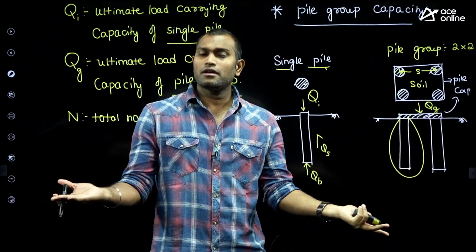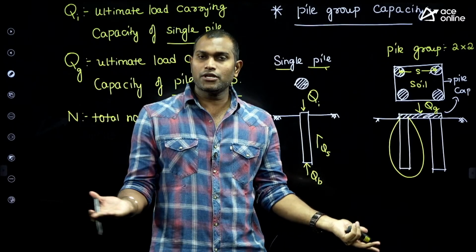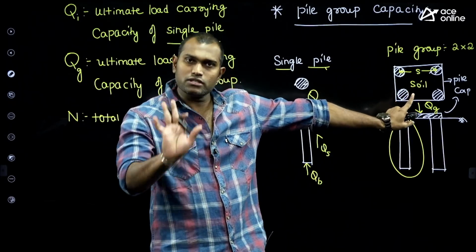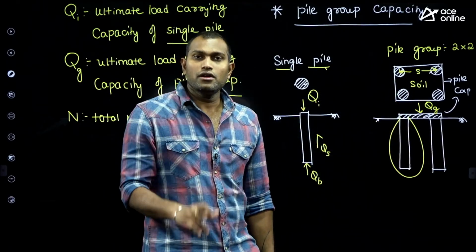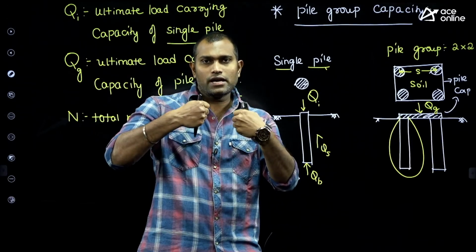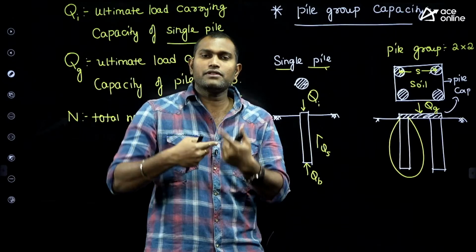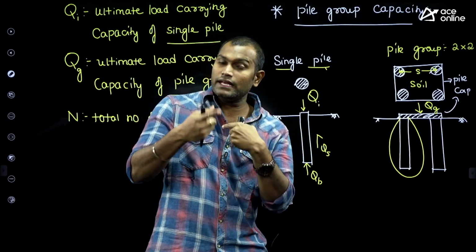Lesser the strength, lesser the capacity, and Qg is less. But in the case of loose sand, due to shearing, the interlocking between particles will increase.